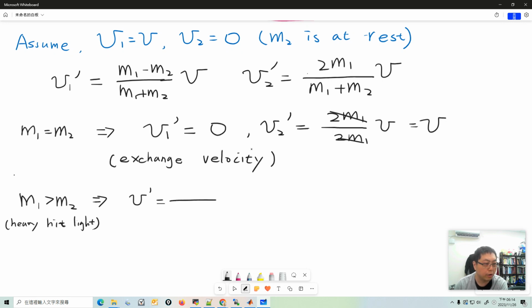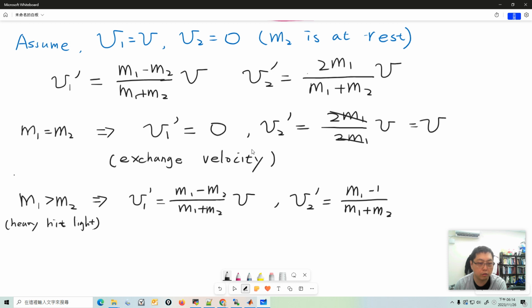So let's write down the velocity after collision. Actually, it's the same, nothing magic. v1 prime, v2 prime is equal to (m1 minus m2) over (m1 plus m2), times v.